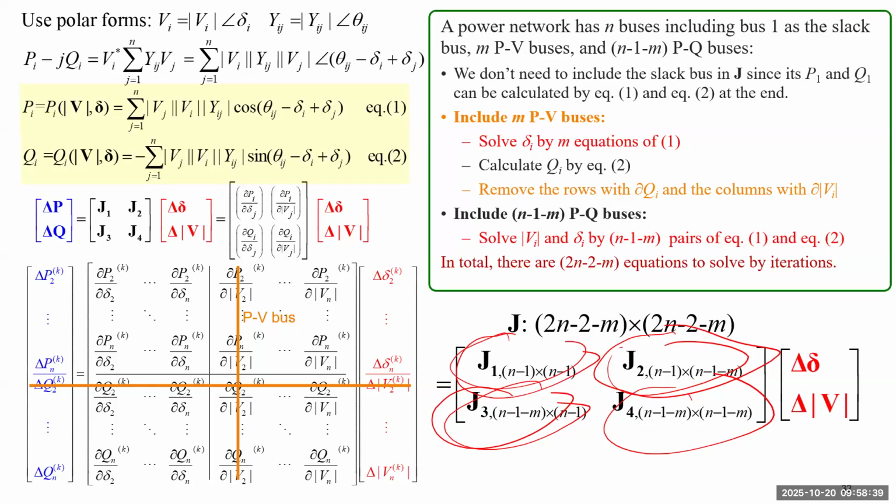It includes all columns of buses except for the slab bus, but for the rows, it doesn't include the slab bus and also the PV buses. Finally, J4 is the smallest block. It doesn't include the slab bus and the PV buses in either row or column. Okay, all right. So on Wednesday, we'll start from here to talk about how to iterate this equation.